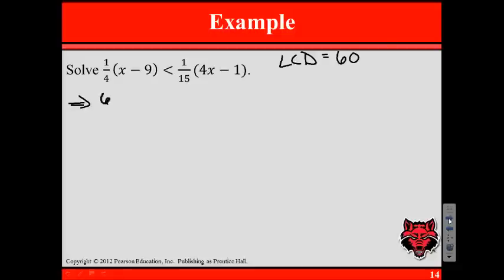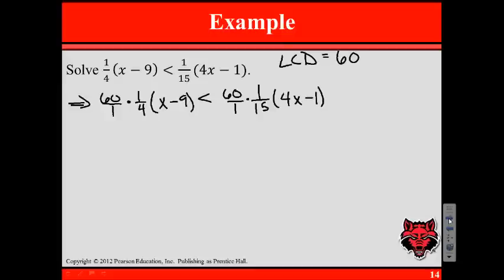We would have 60, we can write this as a fraction, 60 over 1 times 1/4 times x minus 9 is less than 60 over 1 times 1 over 15 times 4x minus 1. We would multiply the two fractions, 60 over 1 and 1 over 4.